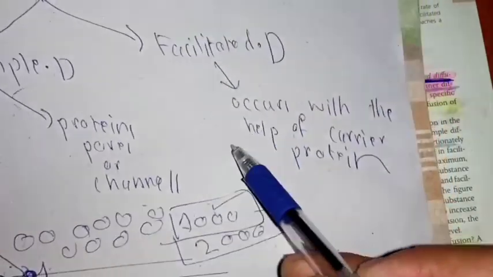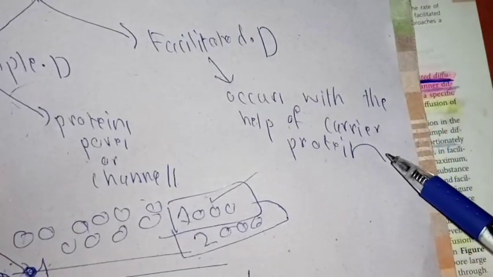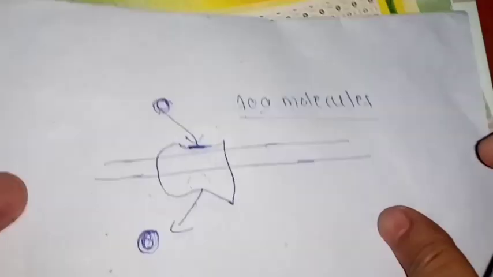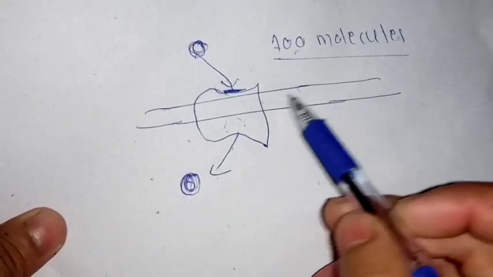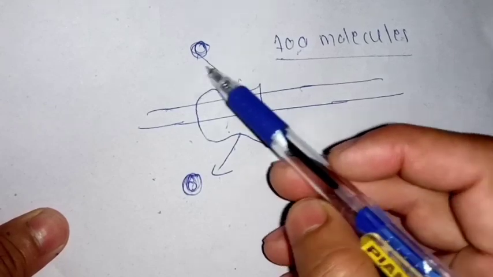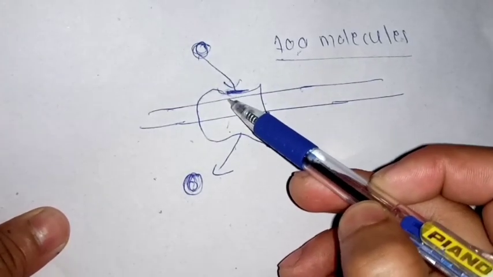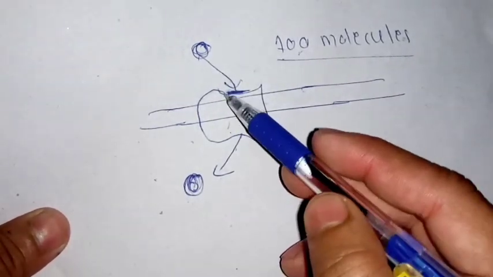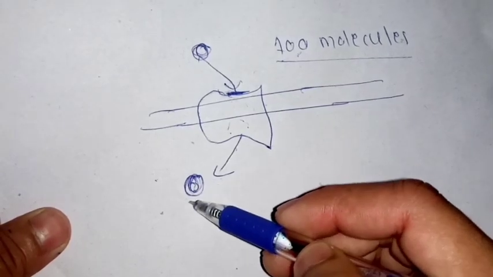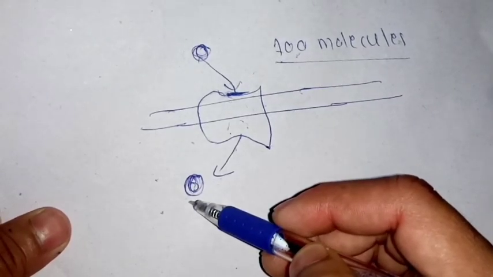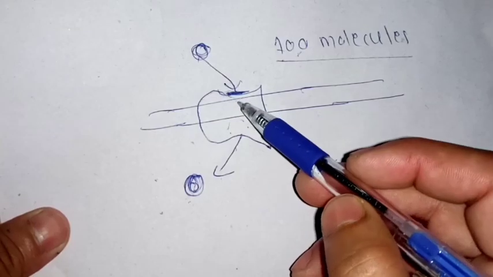Facilitated diffusion occurs with the help of a carrier protein. For example, if this is the cell membrane, this is the carrier protein, this is the receptor. The substance will attach to the receptor, and the carrier will change its conformation and take the substance into the cytoplasm. This is facilitated diffusion.